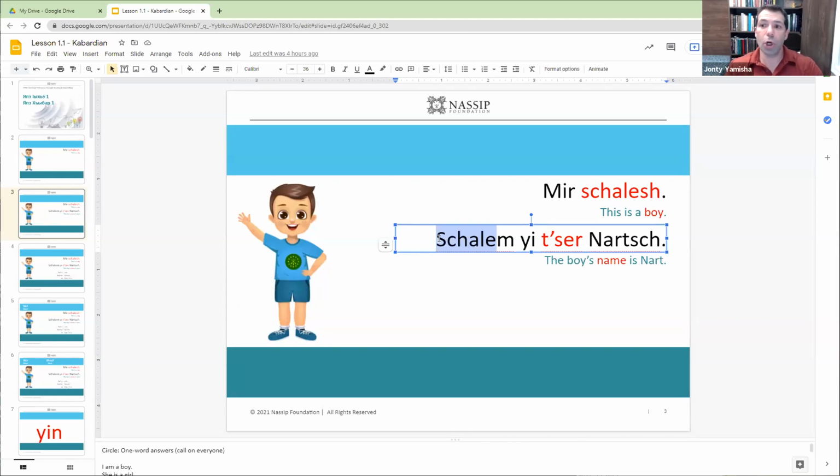It could be a boy, a girl, an animal, a little baby, or an inanimate object. We're not sure what it is. And finally, the last word here is tsar, and it means name. Salem yitzer narch.